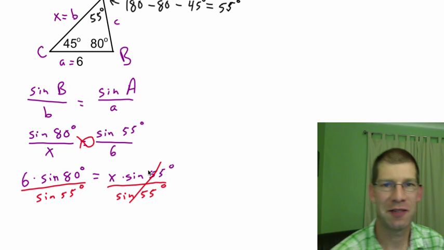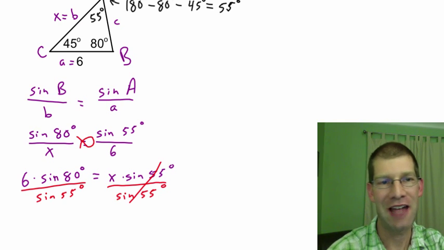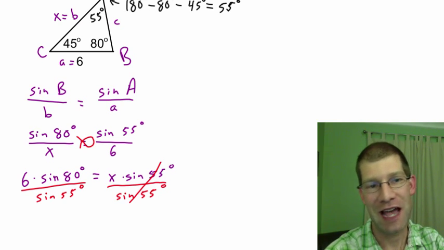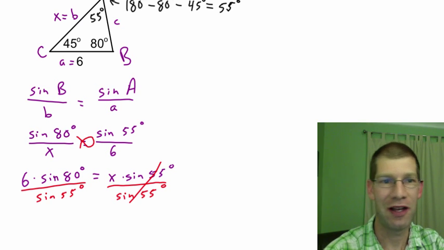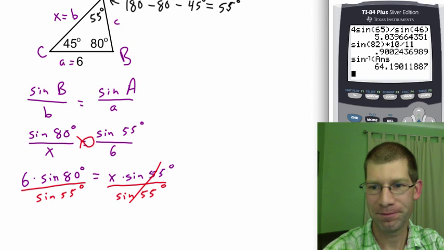And now we have x by itself, and it's just a matter of punching it all into our calculator. So if I pull up my calculator, and you could kind of estimate beforehand, if the side on there is 6, we're looking at something that's probably 7.5 or 8. So that's kind of the ballpark we want to be in.